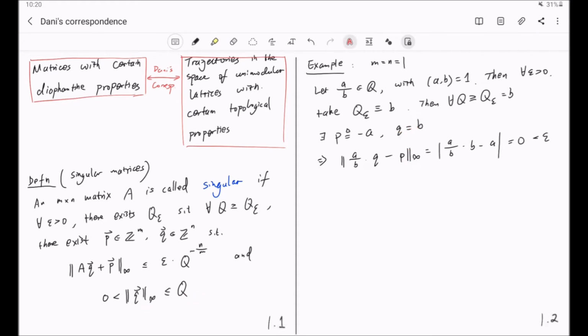Now this q automatically has a norm less than or equal to capital Q, because capital Q is bigger or equal to b, which is q. So any rational number is singular.